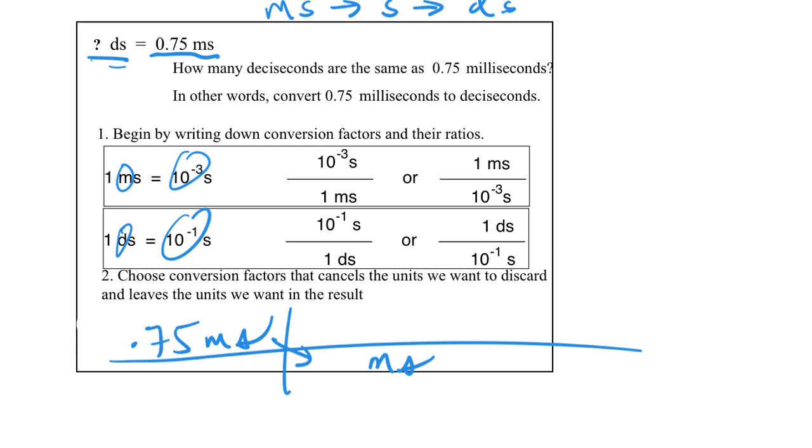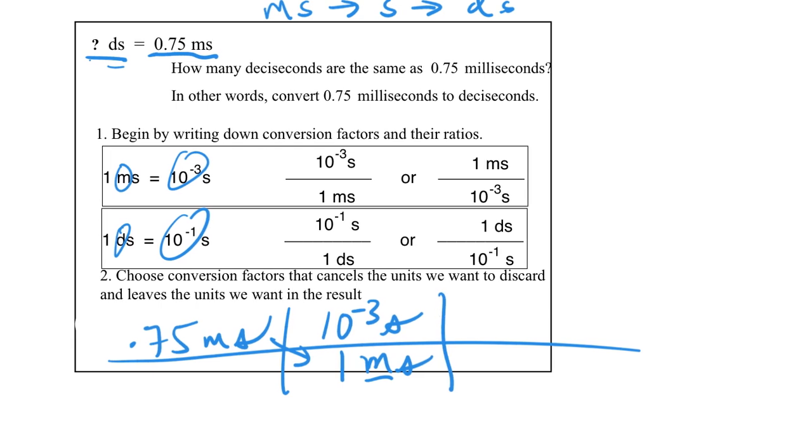So, milliseconds, not to deciseconds right away. It has to go to the basic unit first. So 1 millisecond stands for 10 to the negative 3 seconds. Again, if you have a prefix, don't put anything but a 1 next to it.